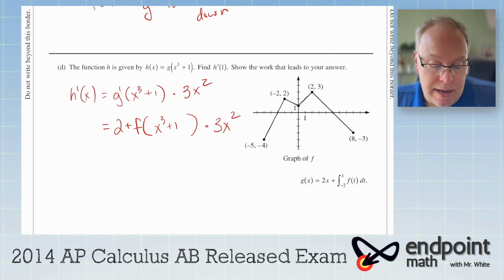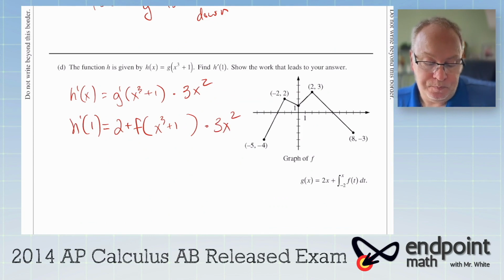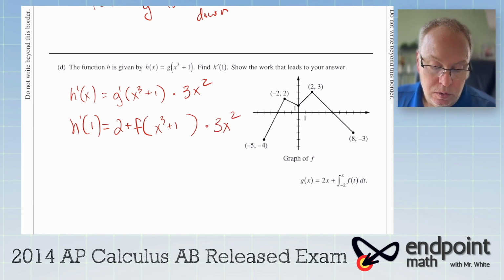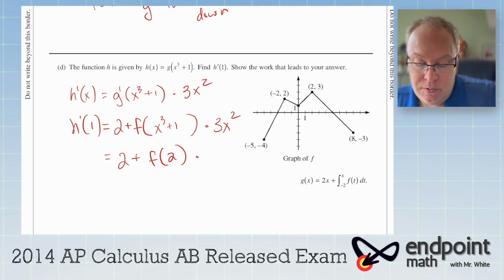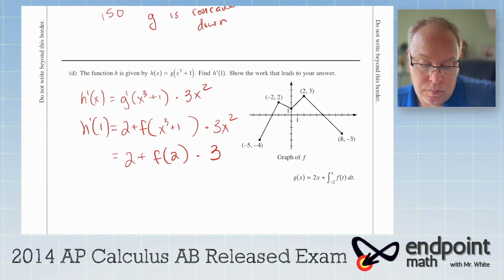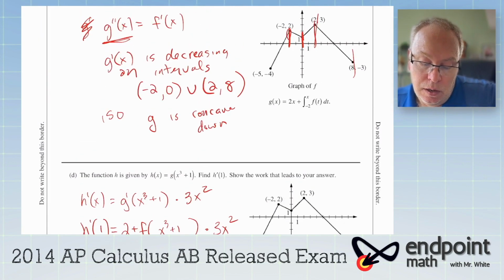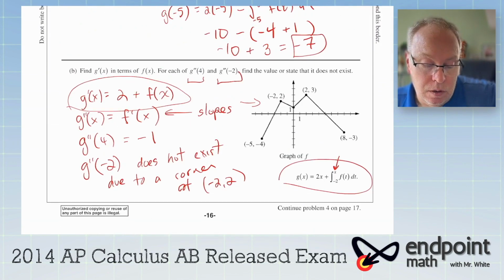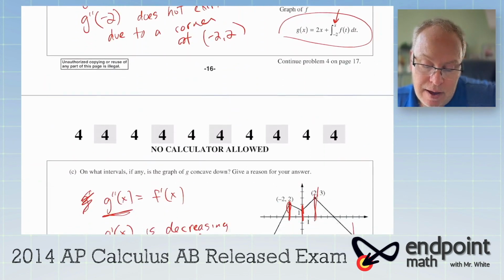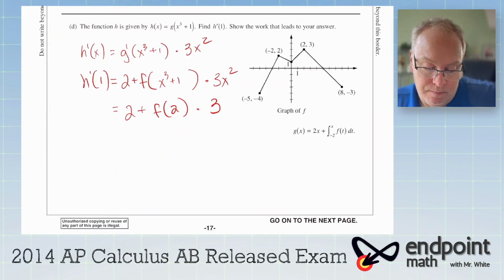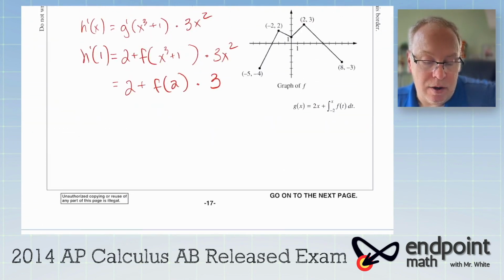Now we are finding h prime of 1. So this would be 2 plus f of 2 times 3. Now f of 2, so our f function, remember, is the graph that we're looking at there, right? Yeah. So we should be able to read that off of there.